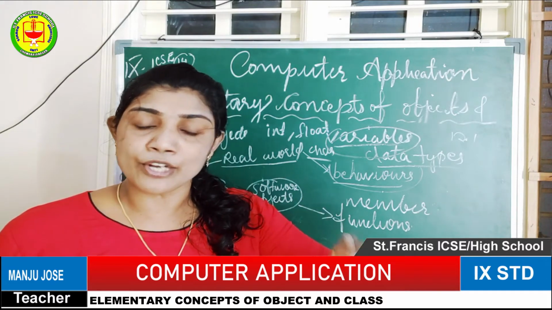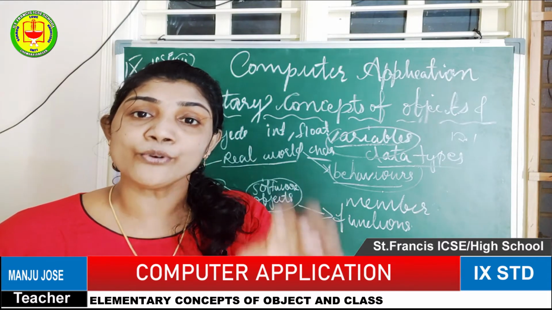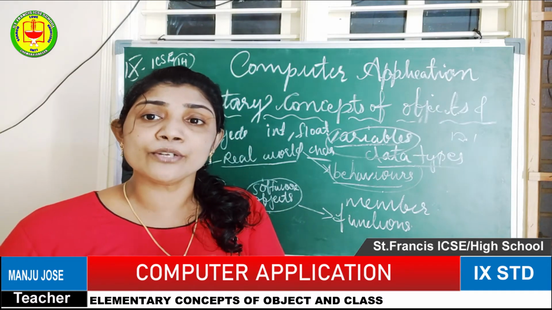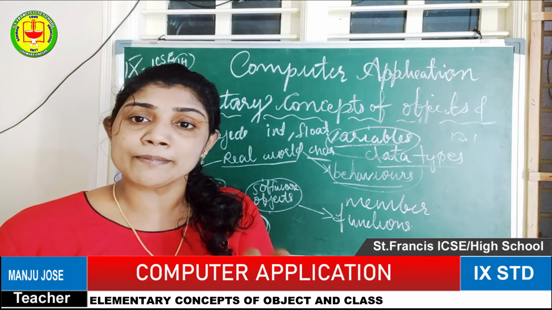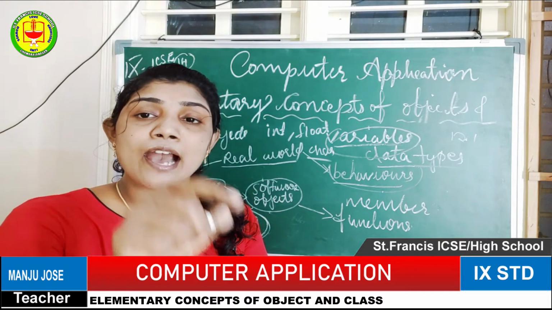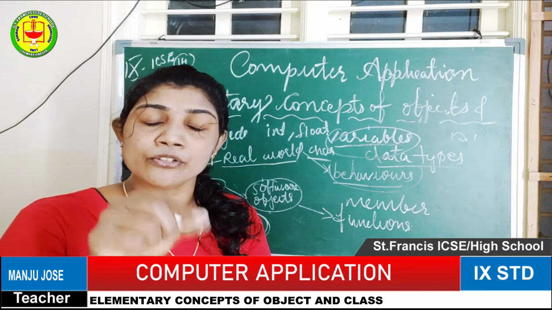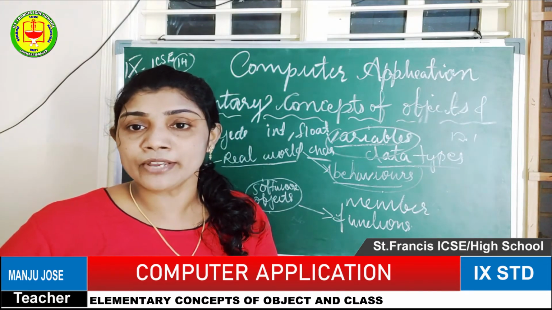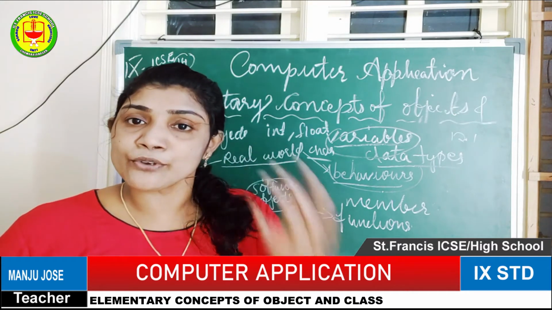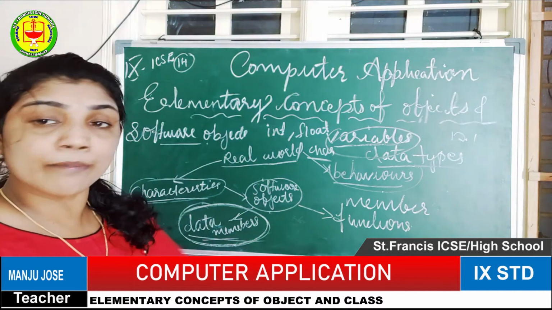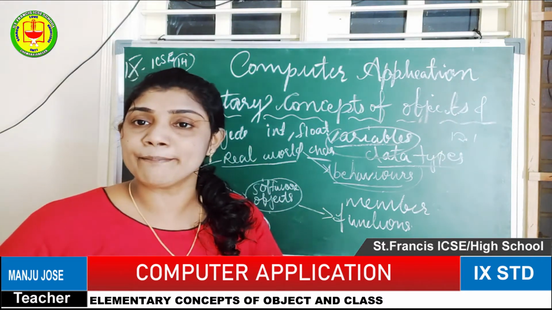If you want to store the inputted value somewhere else, or use it in the entire program, we need to declare the variable. For what purpose are we declaring it? We need to store the input value somewhere. So we have to declare it before using it in the program. In object oriented programming we call it data members, and in normal programming we call it a variable declaration.